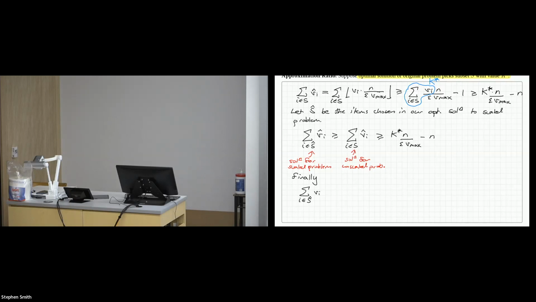So I want to know the sum of the real values with my scaled solution versus the true optimal solution, where I solved it without scaling. And so this is greater than or equal to the sum over i in S hat of V_i hat times epsilon V max over n.